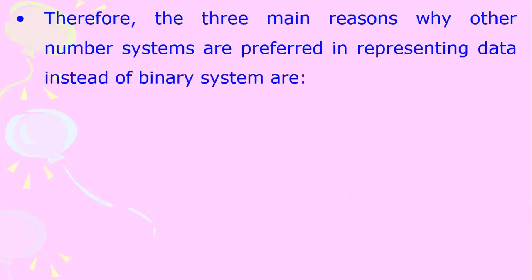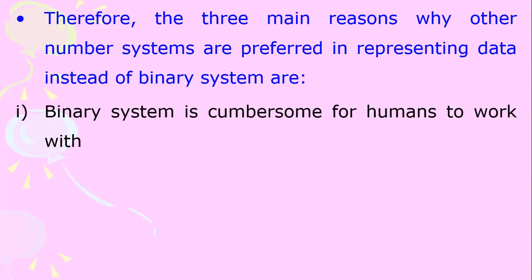Therefore, the three main reasons why other number systems are preferred in representing data instead of the binary system are: number one, the binary system is cumbersome for humans to work with. And you have seen this from our tabulation for just the number of bits that form your first name.